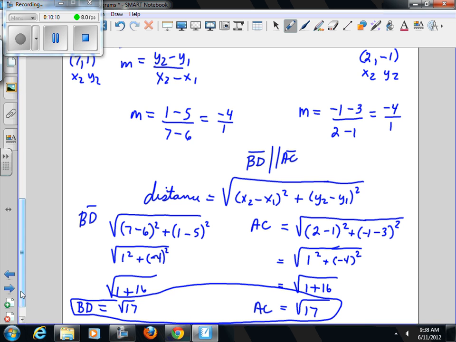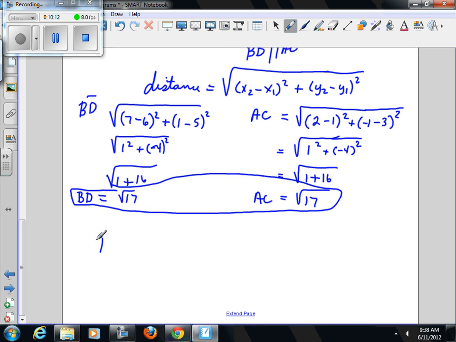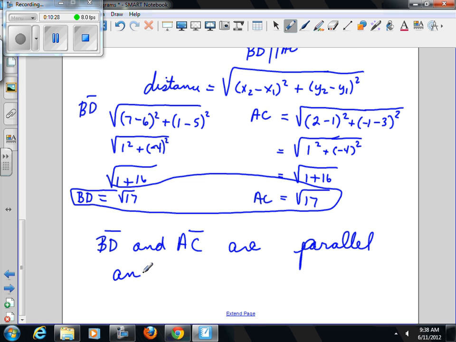So we know that BD and AC are parallel, because we figured out that they had the same slope up above, that they're parallel and congruent.